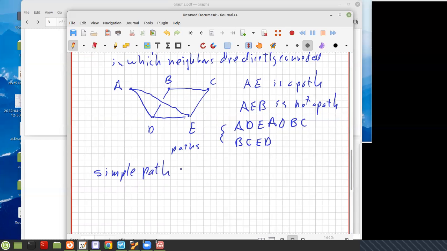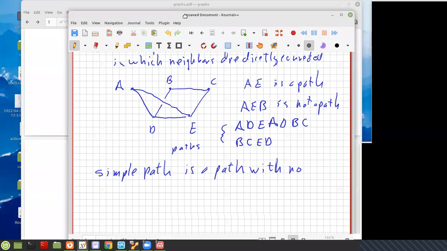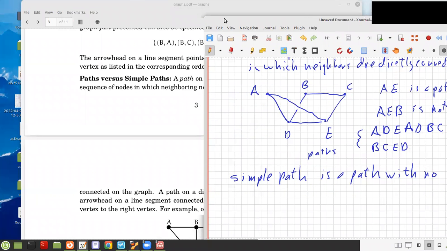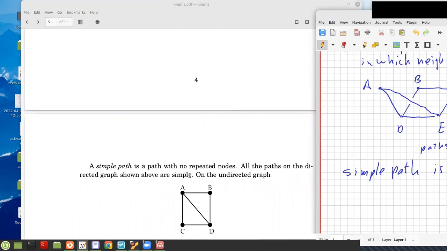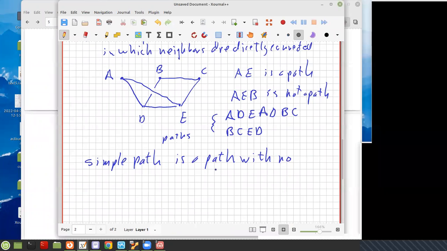A simple path is a path with no repeated nodes. So, for example, this is simple.